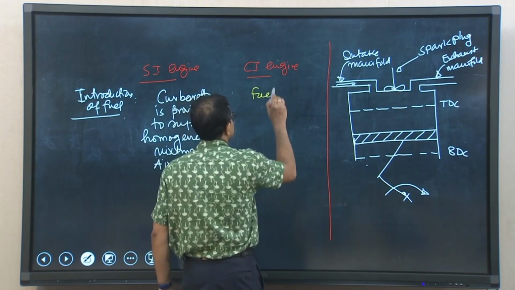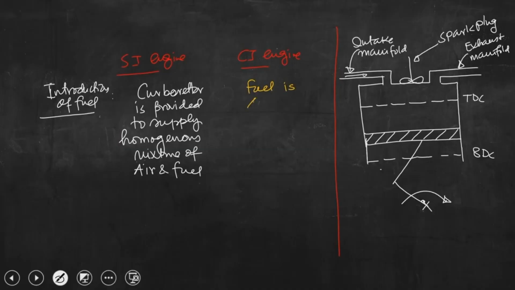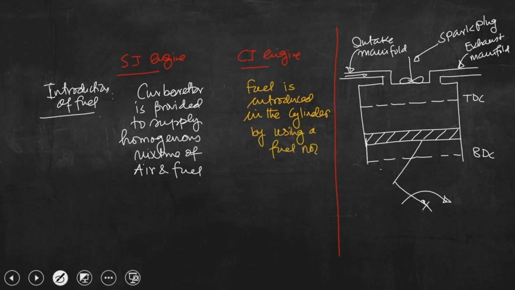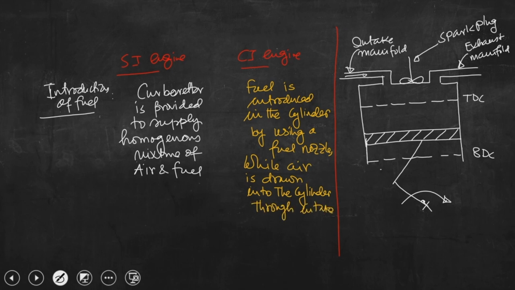So, fuel is introduced in the cylinder by using a fuel nozzle, while air is drawn into the cylinder through the intake manifold, right.